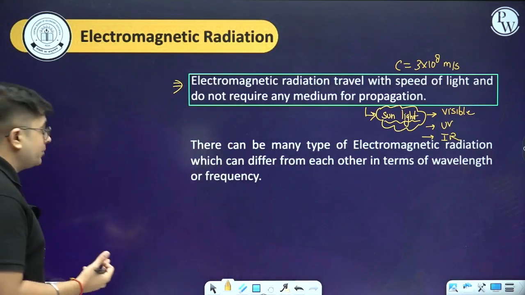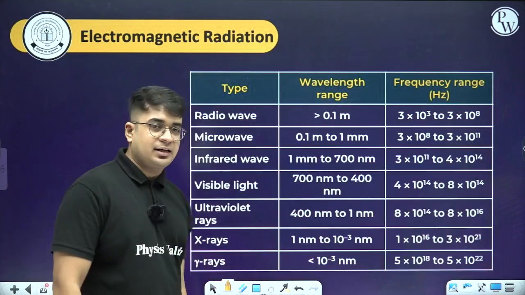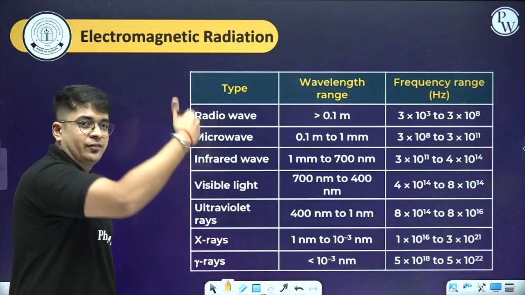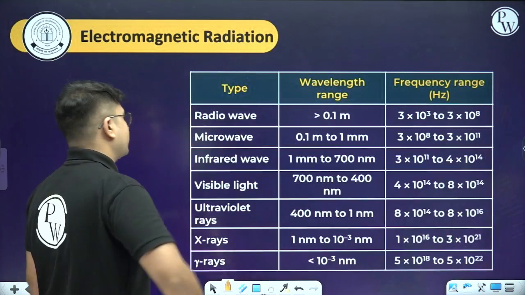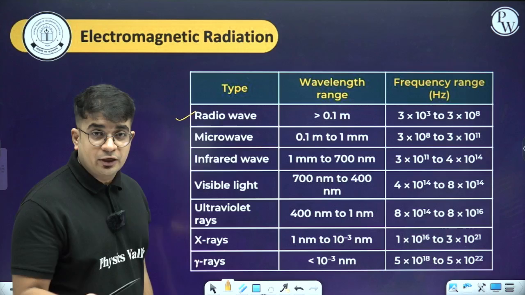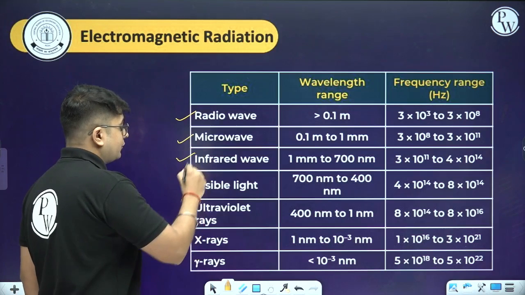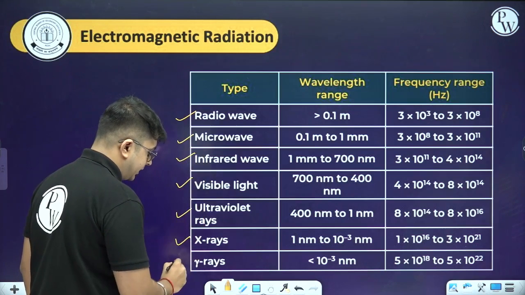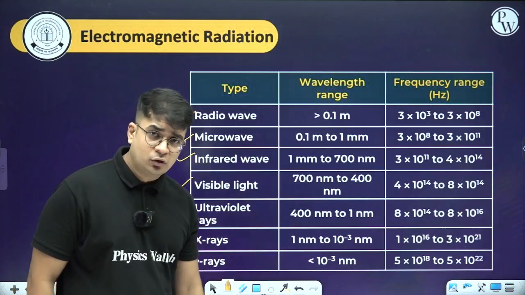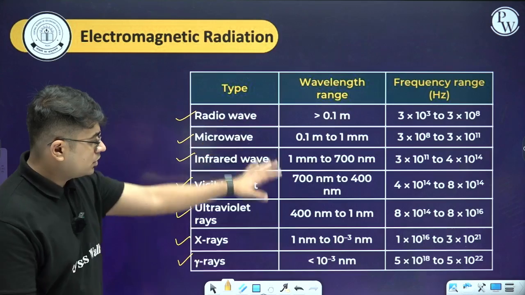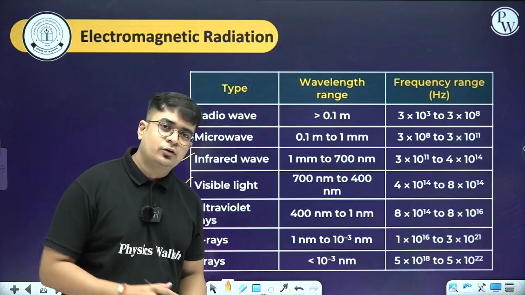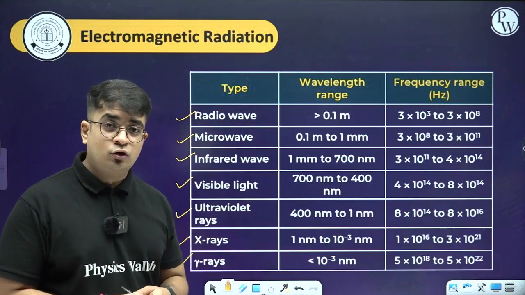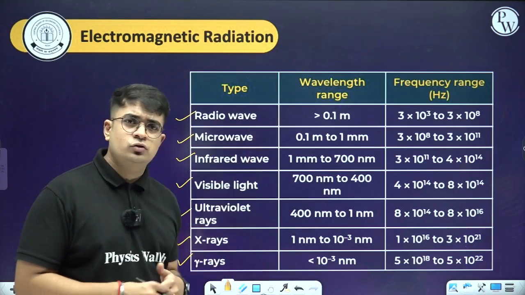Now if I talk about the basic classification, although we have more classifications also, now we are more concerned about the radio wave. Then we have microwave, infrared, visible, UV, X-rays, gamma rays. We have cosmic rays also, but we are more concerned about this part only. In physics, definitely you are going to learn much more about these electromagnetic radiations, cosmic rays also you are going to discuss.